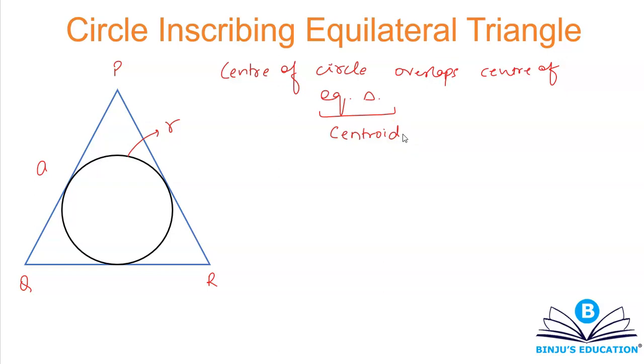Centroid is basically a point that is formed by connecting the three medians, or it's basically the point where the three medians of a triangle intersect.